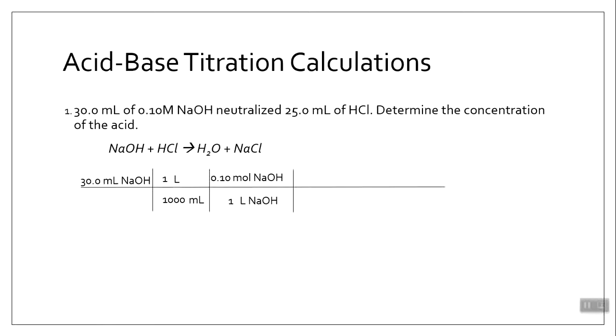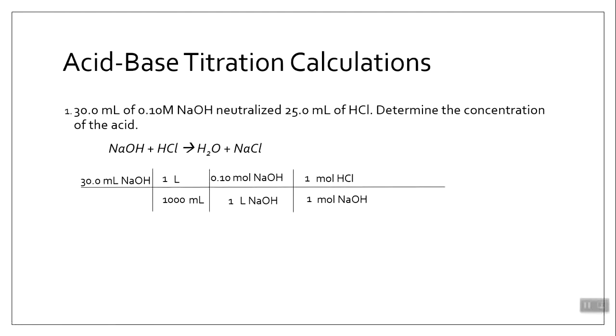And then from here, we bring down moles of sodium hydroxide, and where are we going to go at this point? Well, now from here, we're going to look at the stoichiometric relationship between our base and acid. So we're going to put moles of hydrochloric on top, and remember where we get moles over moles, that's our molar ratio. We're going to look at our coefficients, that's 1 to 1.